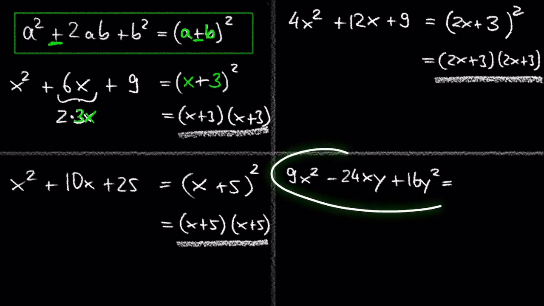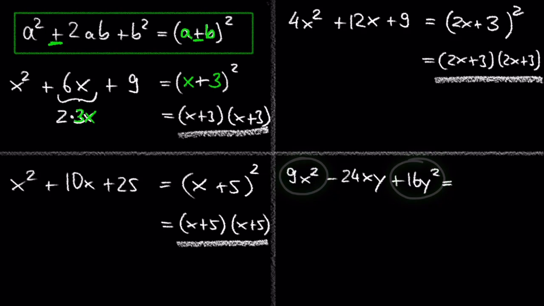So again, is this trinomial a perfect square trinomial? And if so, what are the factors? Again, the first step is to take the square root of the first term and the last term. The square root of 9x squared is 3x, and the square root of 16y squared is 4y.